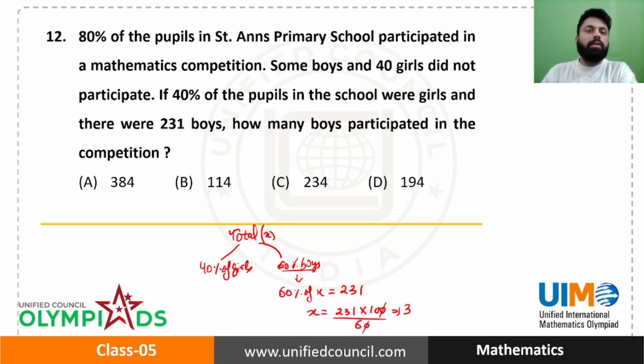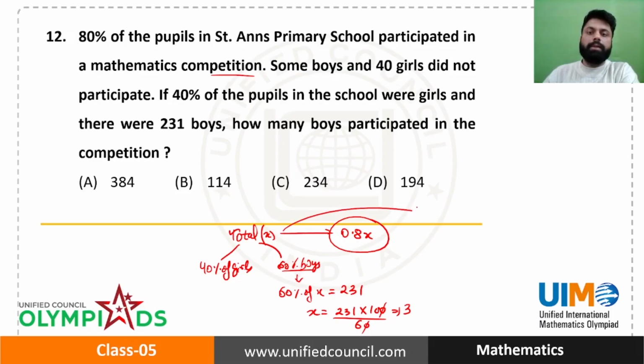See, 80% of the people in the school participated in a mathematics competition. 80%, so 0.8x participated. If some boys and 40 girls did not participate, so 0.2x is equal to some boys, we do not know.